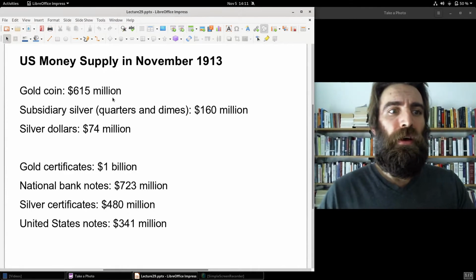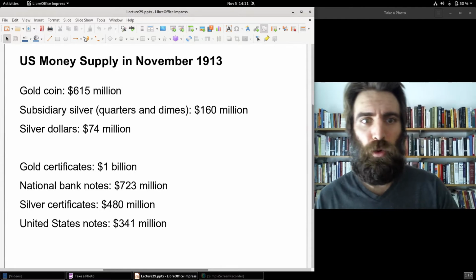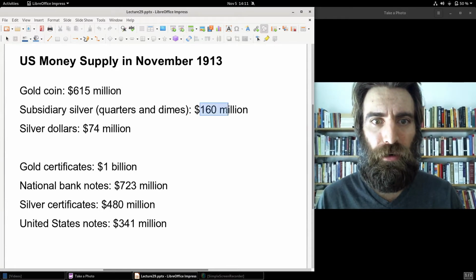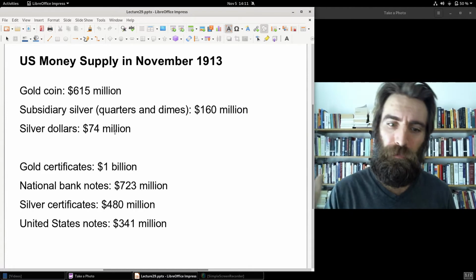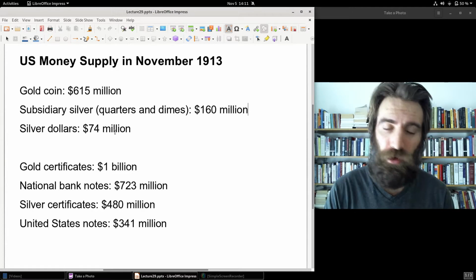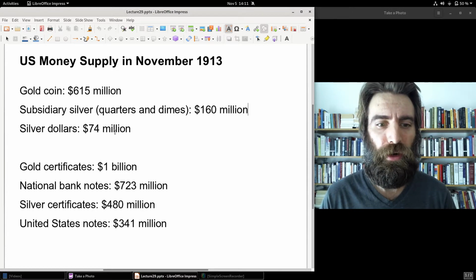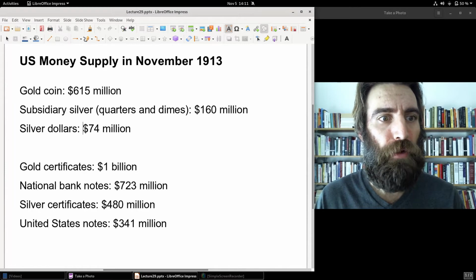Nevertheless, you still have subsidiary silver coins, half dollars, quarters, and dimes. Those add up to about 160 million. And you still have some silver dollars from before the Gold Standard Act of 1900. They are still legal tender. The Gold Standard Act was clear about that. And they represent 74 million.